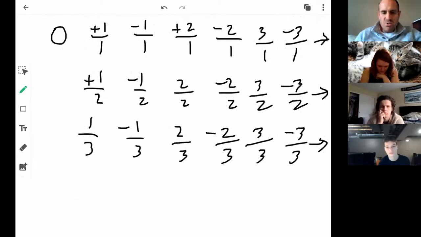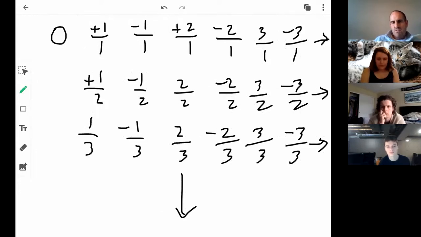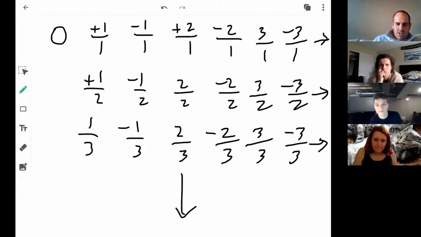We just keep going forever in this way. Do you see that every single rational number is going to be in this infinite matrix that I just wrote down? Well, how would I actually list the rational numbers then? What you can do is snake through this.